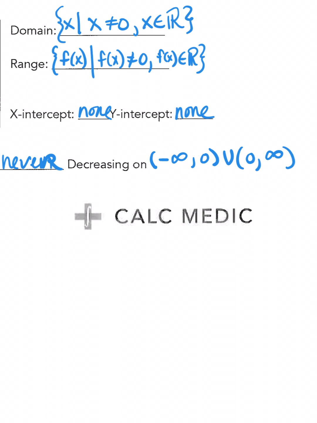We put U's between them so that we know that it includes all of those things. Basically, by writing it this way, we're indicating that something's happening at 0. Does that make sense to everyone?